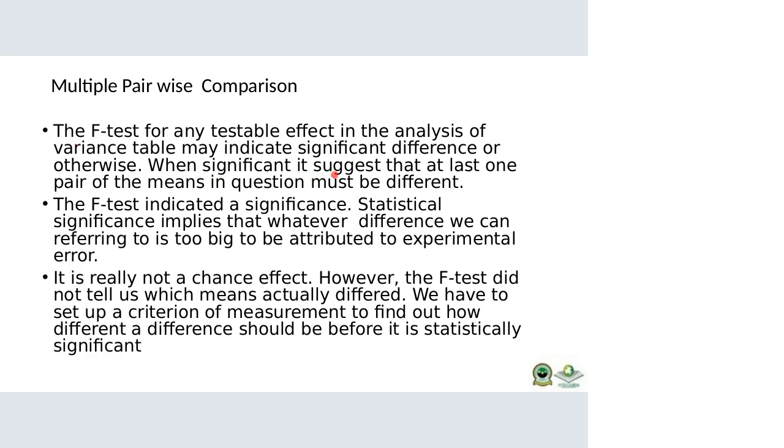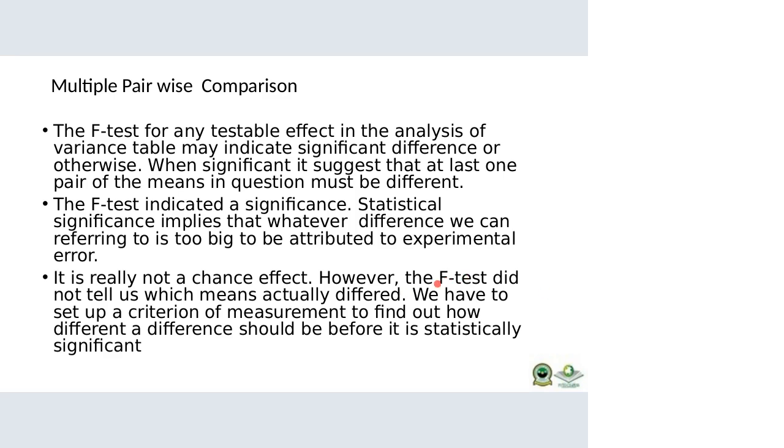So when significant, it suggests that at least one pair of the means in question must be different. So the F-test indicated significance in these present examples. Statistical difference implies that whatever difference we are referring to is too big to be attributed to experimental error. So it's real. It is really not a chance event.